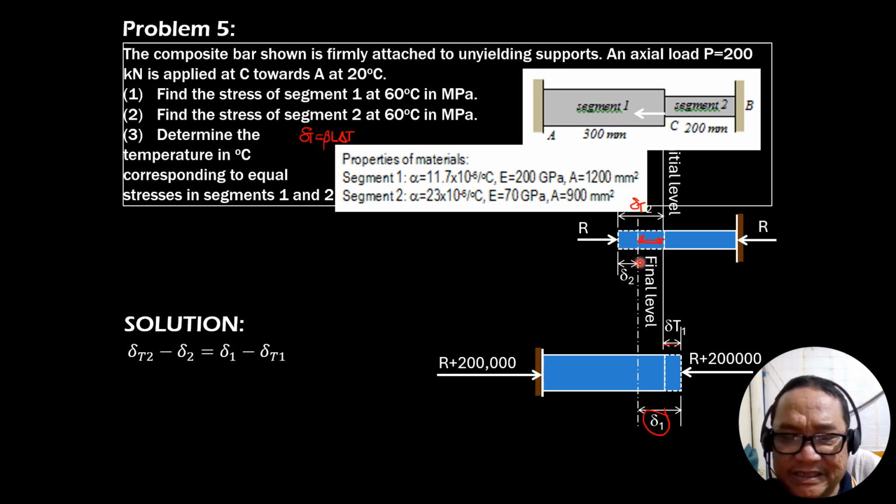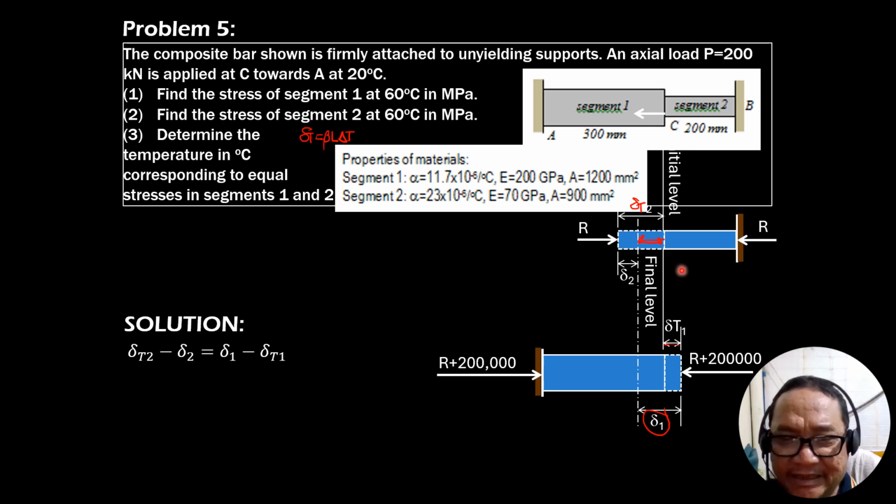So that's why this is the stress due to the contraction of this portion of the member. This is also the final level for segment 1, but before that, because this is the initial level of this junction here, initial level also.